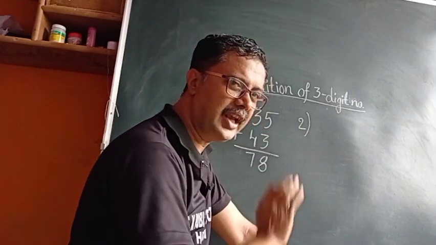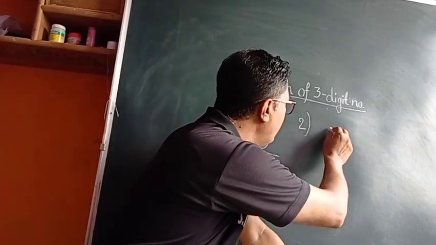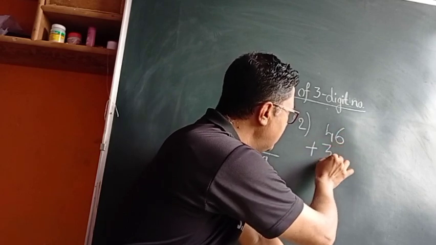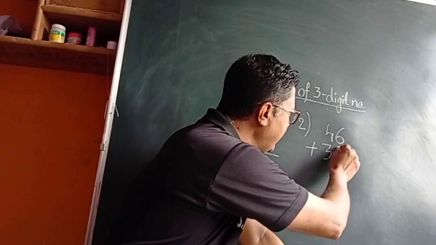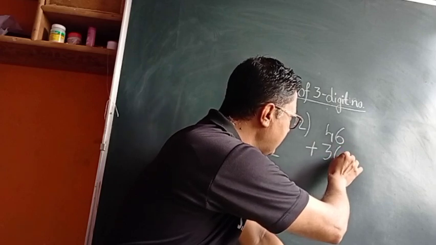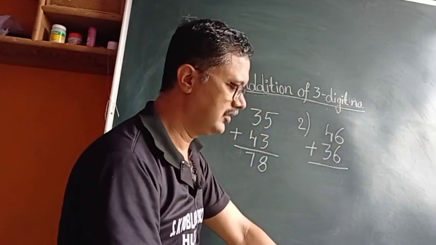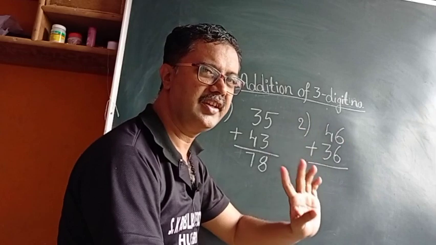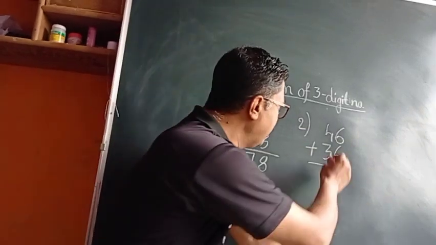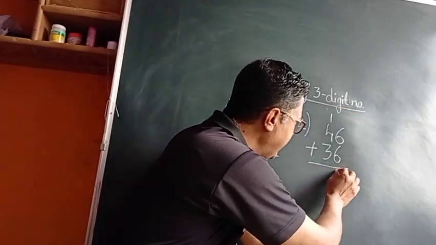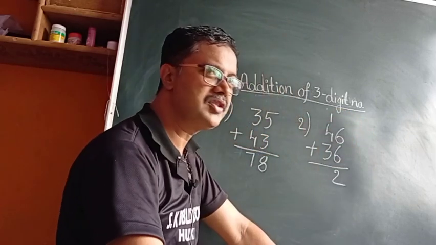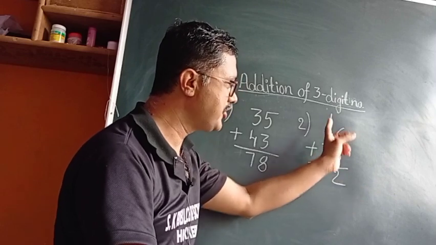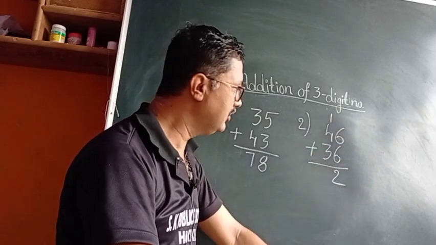Now, with the carry, I will solve. 46 plus 37, or 36 I'll take. Now in this case 6 plus 6 is equal to 12. 1 we are taking upside, 2 downside. 6 plus 6 is equal to 12, 1 upside and 2 downside.